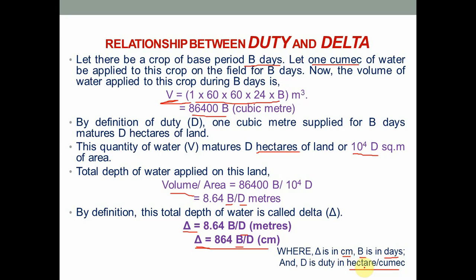D, the duty, is in hectares per cumec, and we have converted the hectare into square meters. So the final answer is delta equal to 864 B upon D, where delta is in centimeters, B is the base period in days, and capital D is duty in hectares per cumec.